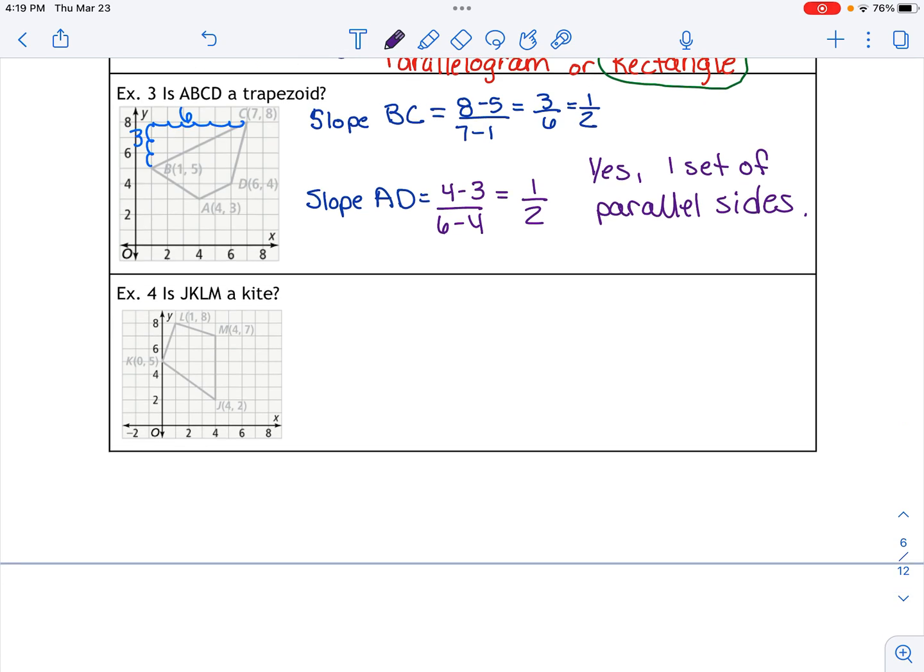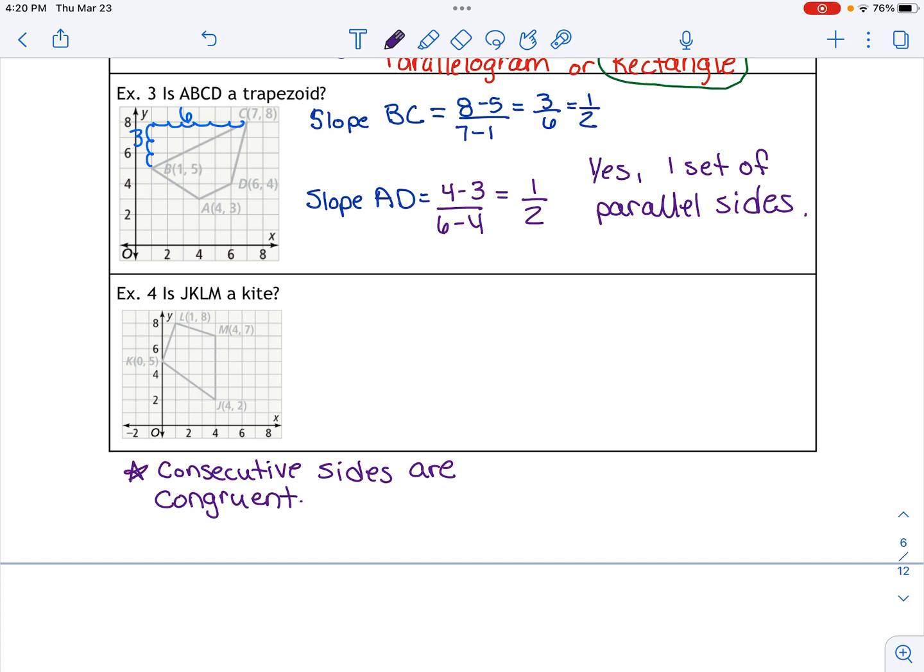On a kite, last example on day 2, consecutive sides are congruent. Congruent just means equal. So we're going to do a lot of distance formulas here to see if the sides are the same length.